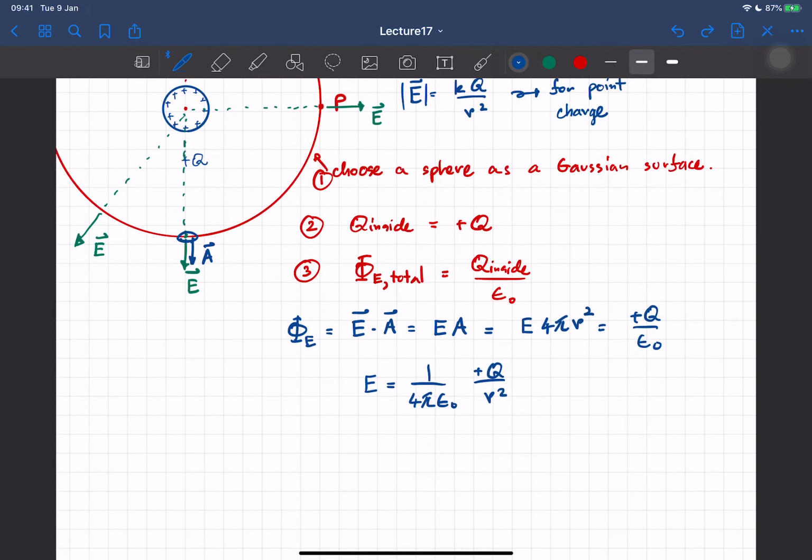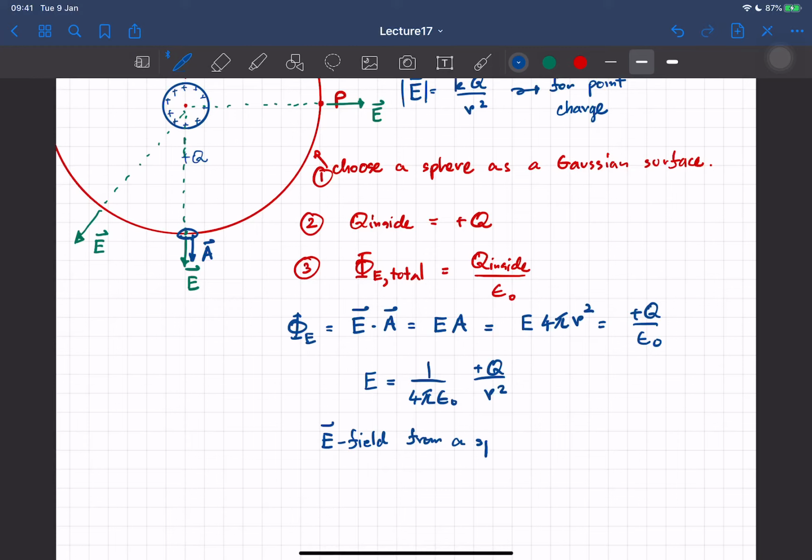Okay, so the E field from a spherical charge is the same as the E field from a point charge. That's what we got here.